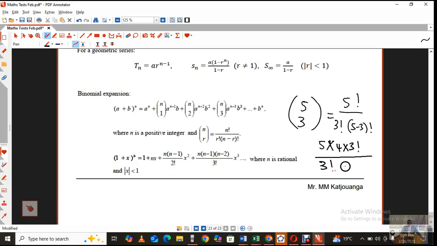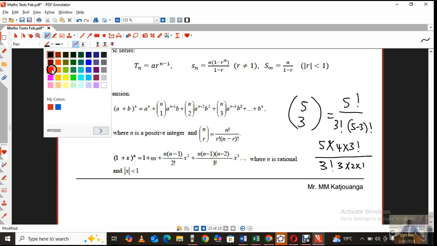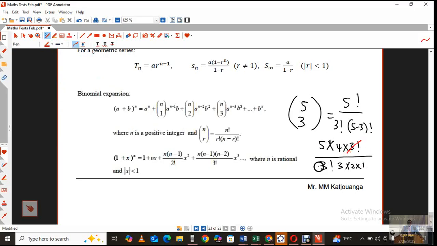And I have 3 factorial here times another 3 times 3 times 2 times 1. Of course, these 3 factorials can cancel each other. Very important. This 3 factorial cancels here. Then 2 goes in itself once, 2 goes there 2 times. 5 times 2 is 10. 10 divided by 3. And that is the answer. 10 over 3, or 3 and a third.